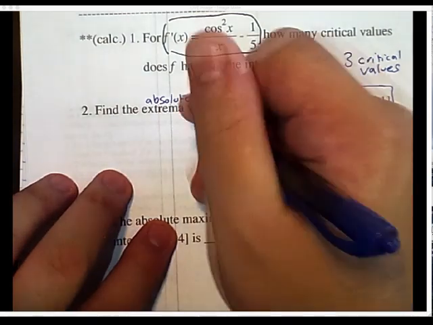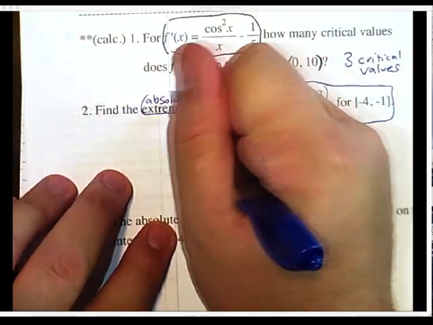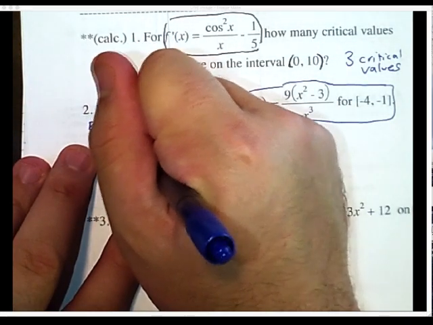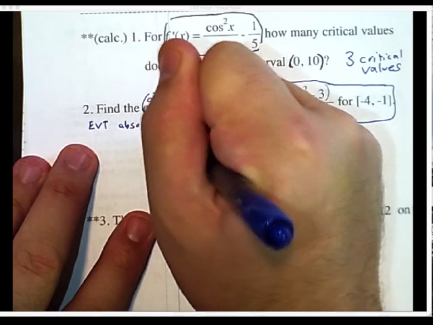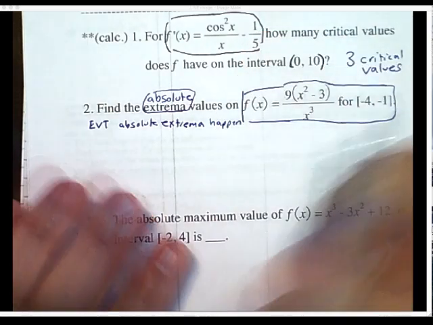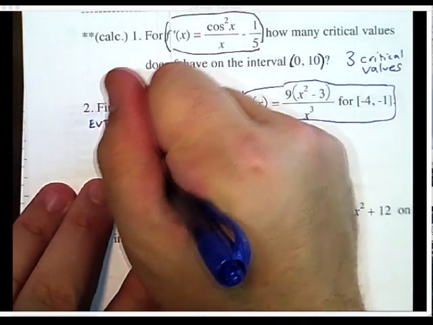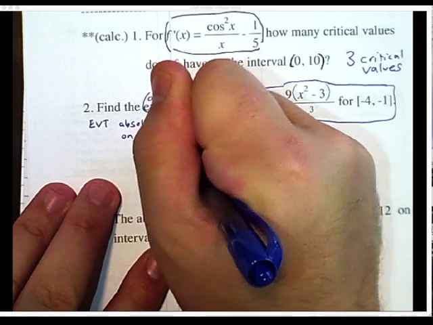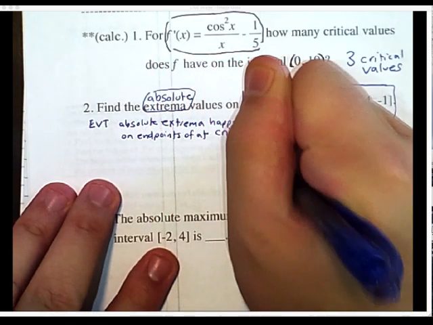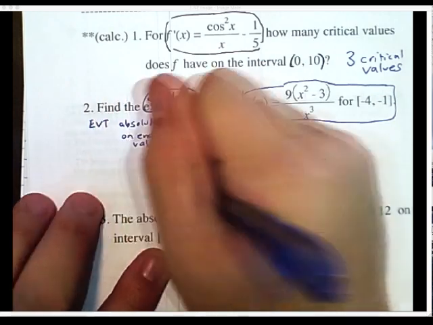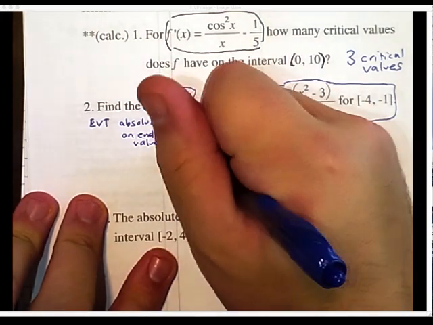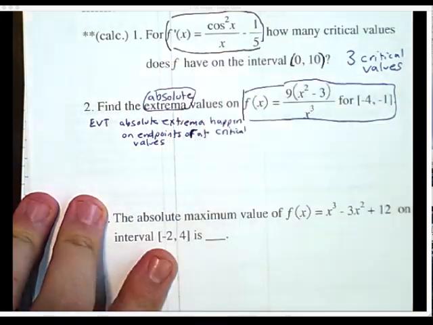out. So what do we know about absolute extrema? Absolute extrema from the EVT, okay, the highest point and the lowest point happen on the endpoints or at critical values.